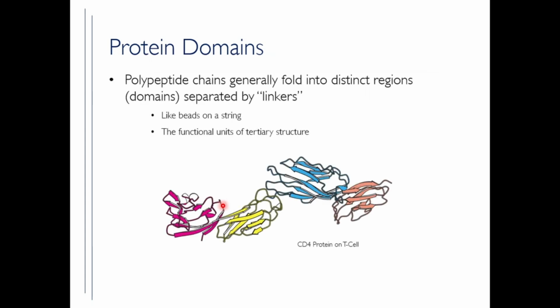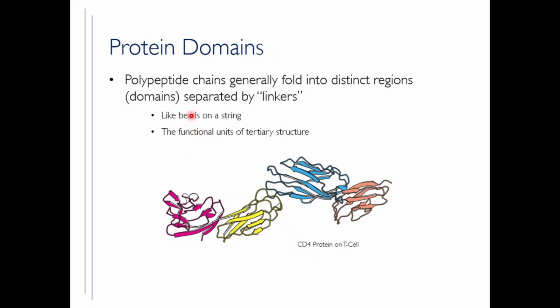So this is just one example that you might want to be aware of. It shows domain organization quite nicely, which is the CD4 protein, which is found on a T lymphocyte. And it's quite interesting, actually. It specifies the immune response to be a helper T cell response rather than a cytotoxic T cell response, which is really interesting.